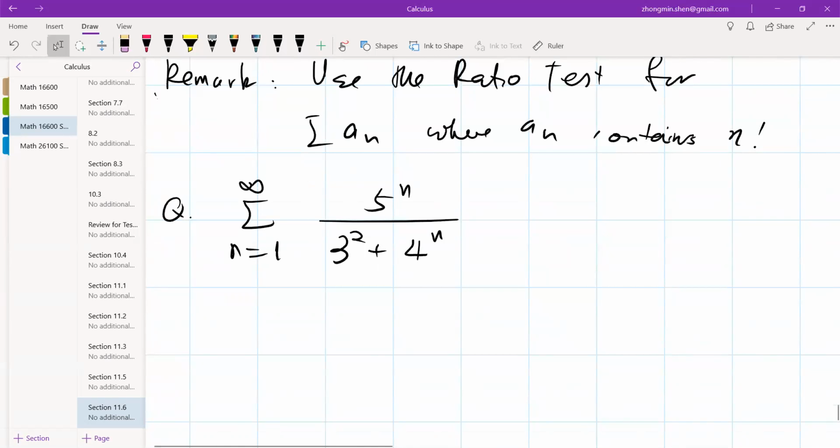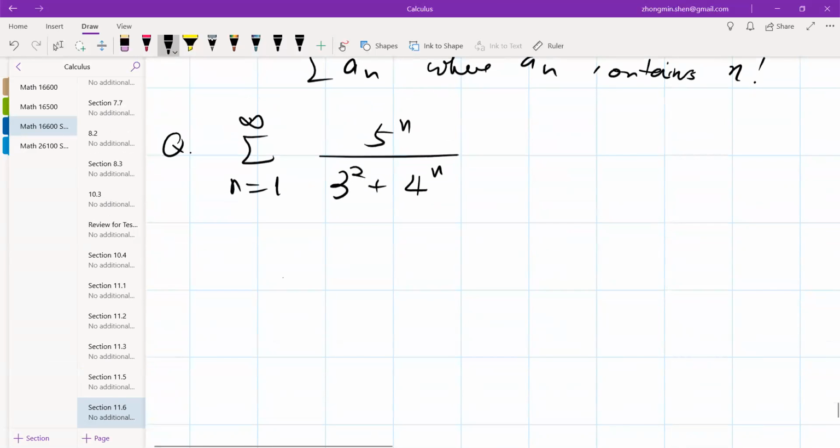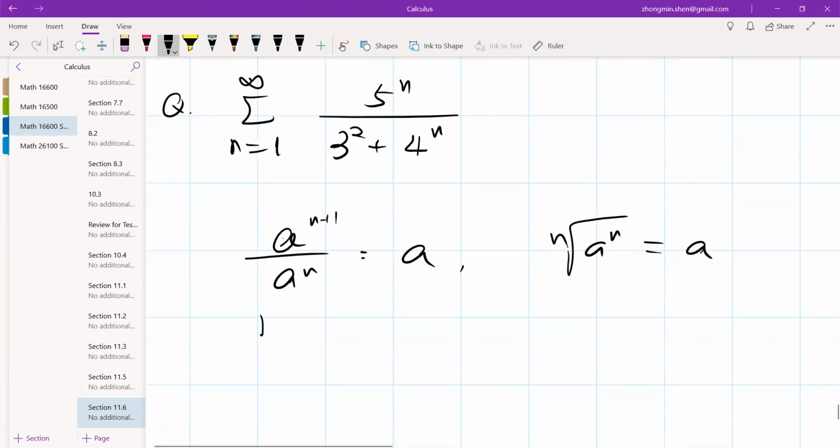That all works. Why? With the ratio test, a to the n plus 1 over a to the n is going to be a. And the nth root of a to the n is going to be a. So the ratio test might work, and the root test might work in both cases.